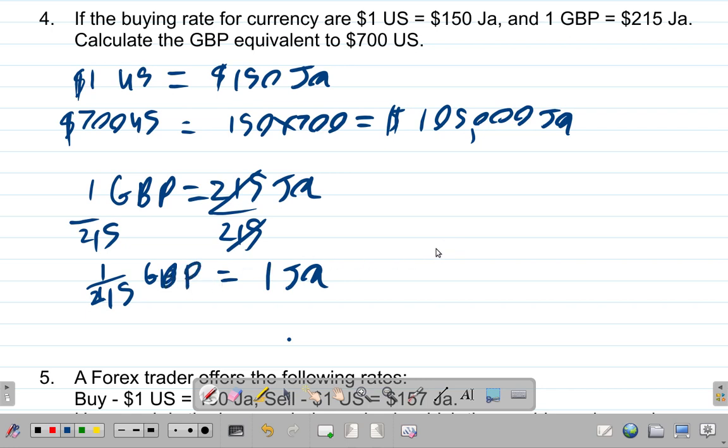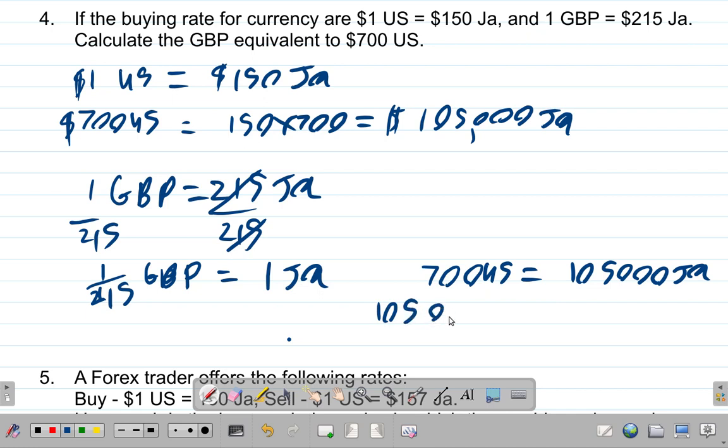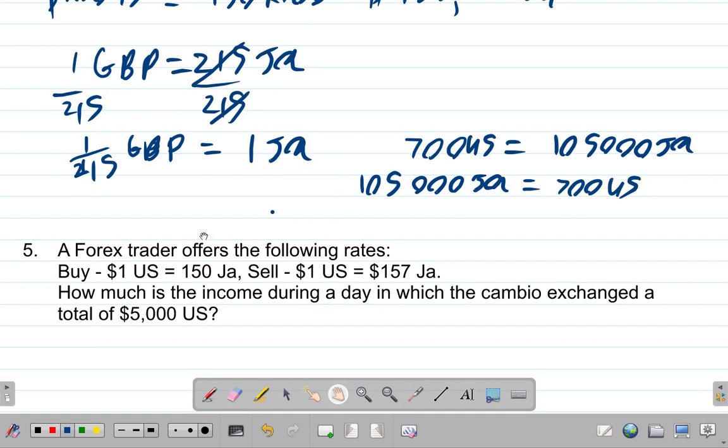Now, remember, 700 US is 105,000 Jamaican. Let's rewrite it this way. 105,000 Jamaican equals 700 US dollars.